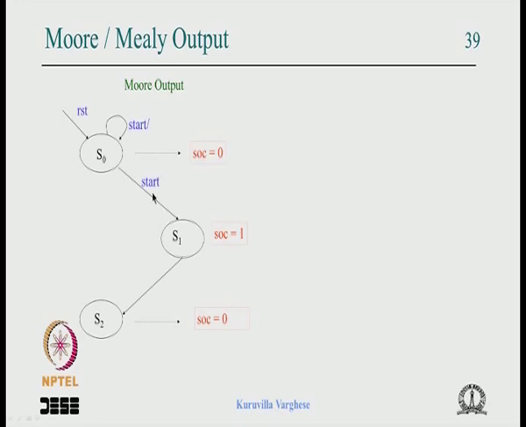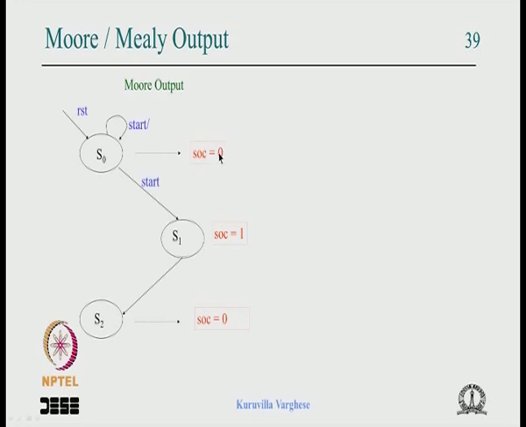When start is 1, it transits to the next state, makes SOC 1 in this state, and transits to S2. So we will do it like this: the machine is in S0 state, and as long as start is low it remains there. Now instead of SOC being 0, we say SOC is 1 if start is 1.